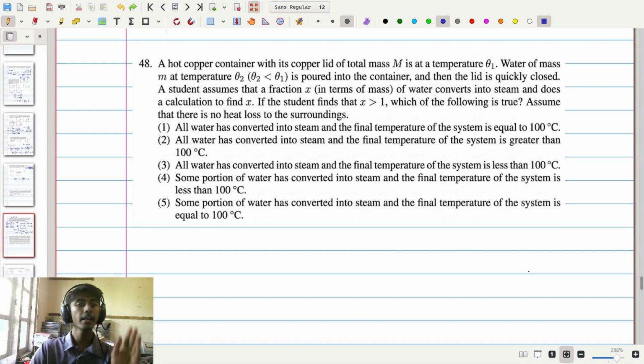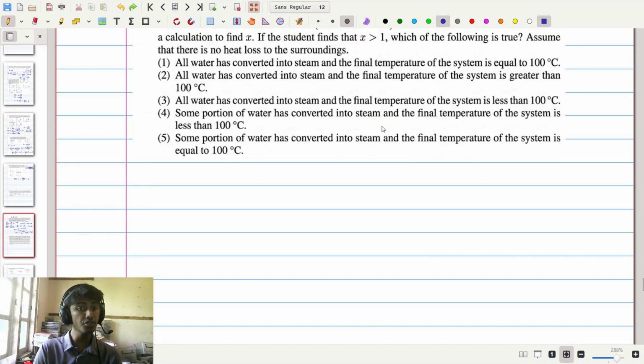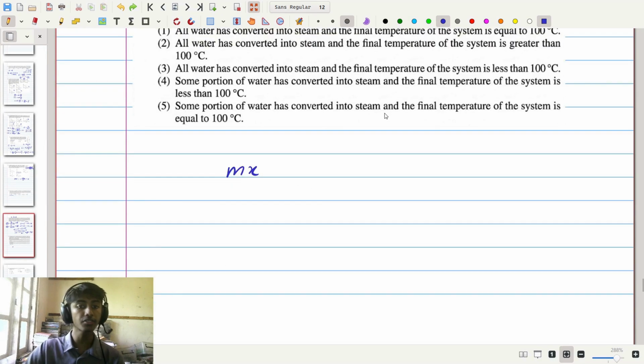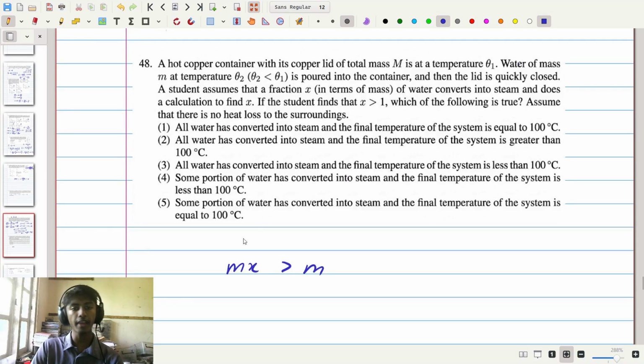Now here, if m is the total mass of water and x is the fraction that converts into steam, then the amount of water that converts into steam is m times x. Since x is greater than 1, m times x will be greater than m. What this means is that the amount of water that could convert into steam is greater than the actual amount of water that we put into the pot.